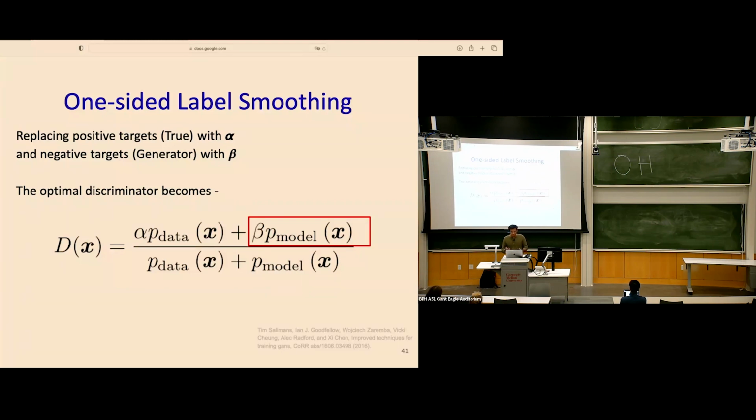And you can think about it, because in areas where the probability of data is approximately 0, but the probability of the model is large, erroneous samples from the model, the generator, will have lesser incentive to move nearer to the data. As in those cases, we would want D of x to be low, but it would still be close to 1, which is the label for reals. So we only smooth the positive labels to alpha, leaving the negative labels set to 0. Does that make sense?